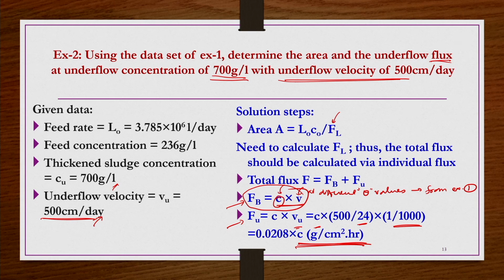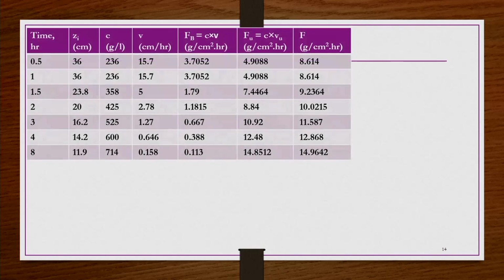Similarly, at different times, the solids concentration, if you multiply it by VU, then you will get the underflow flux. Then when you add them together, you get the total flux. So this time, Zi, C, VL, these four are adopted from the previous problem, because it is a continuation of the previous problem.